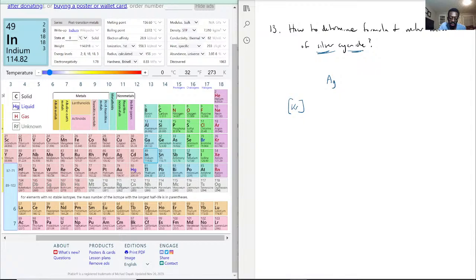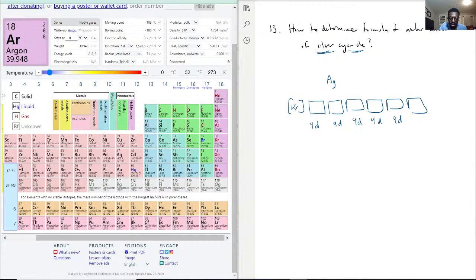So it's krypton, right? And let's actually draw out the orbital notation, because it's now 4d, because it's now one row lower, and it would now be 5s, because yep, 1, 2, 3, 5s, okay?